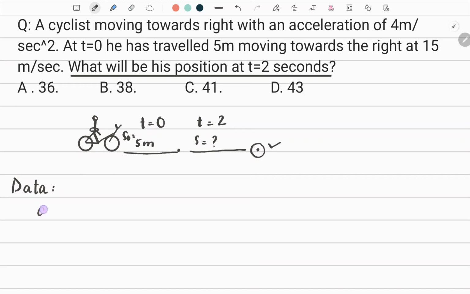So we have been given the acceleration, which is 4 meter per second square. We also have the distance that the cyclist traveled at time 0, which is 5 meter, and then we have the initial velocity with which the cyclist is moving, 15 meter per second, and then we need to find the distance that the cyclist traveled in time 2 seconds.